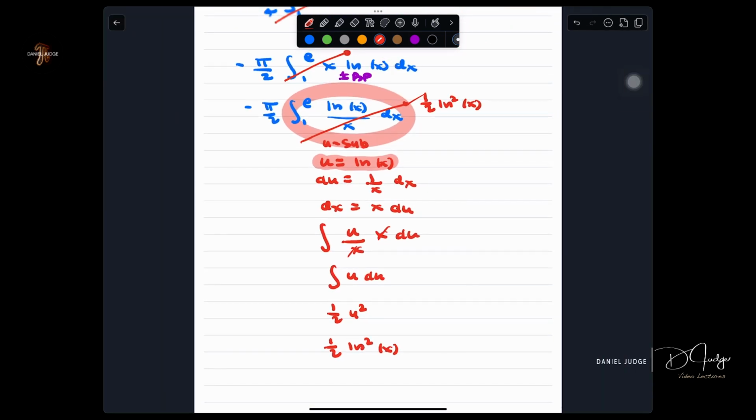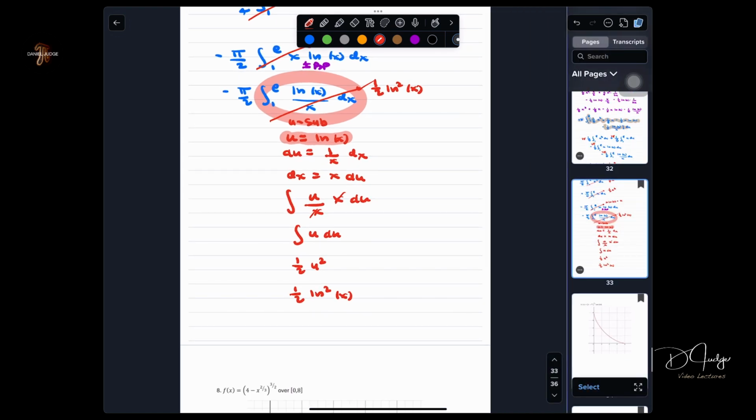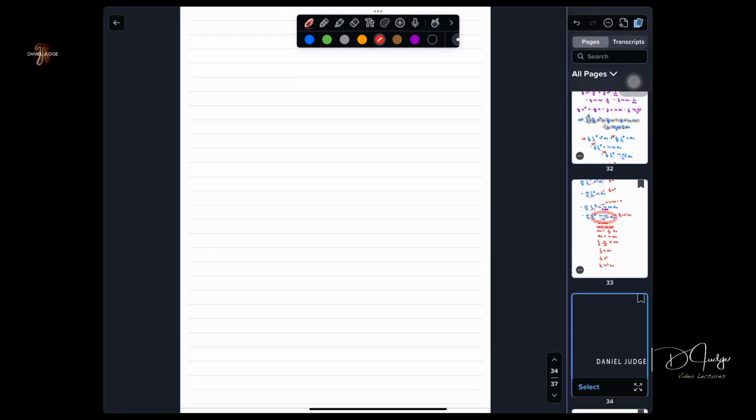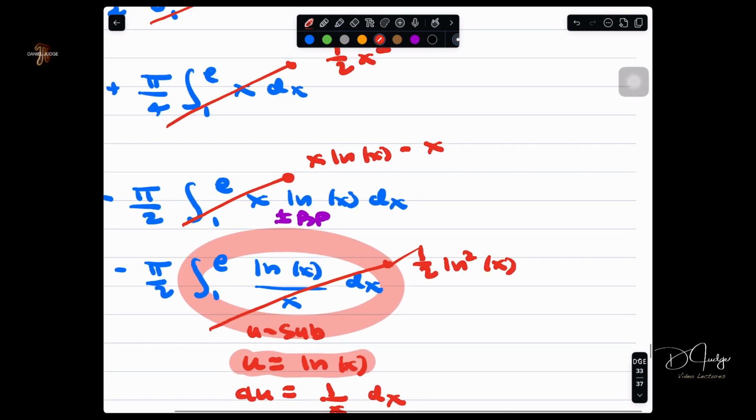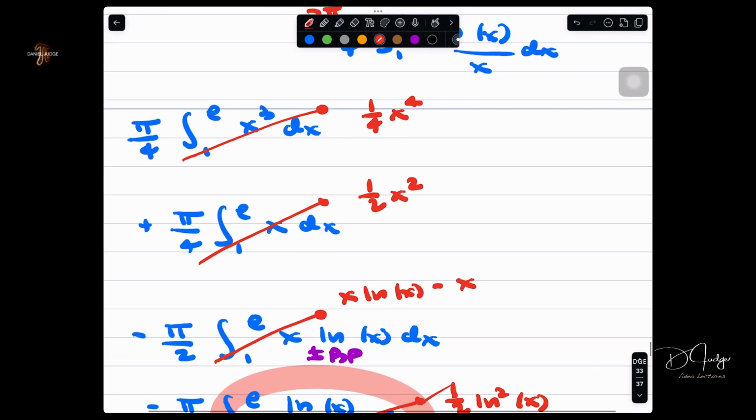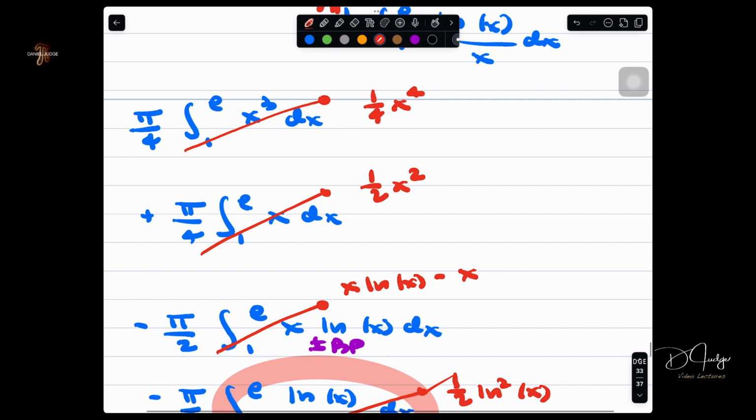All right, so take a look at all of this as I add a page, because you guys see we have some more work we're going to have to do here, right? So all of these we're going to have to evaluate from 1 to e.